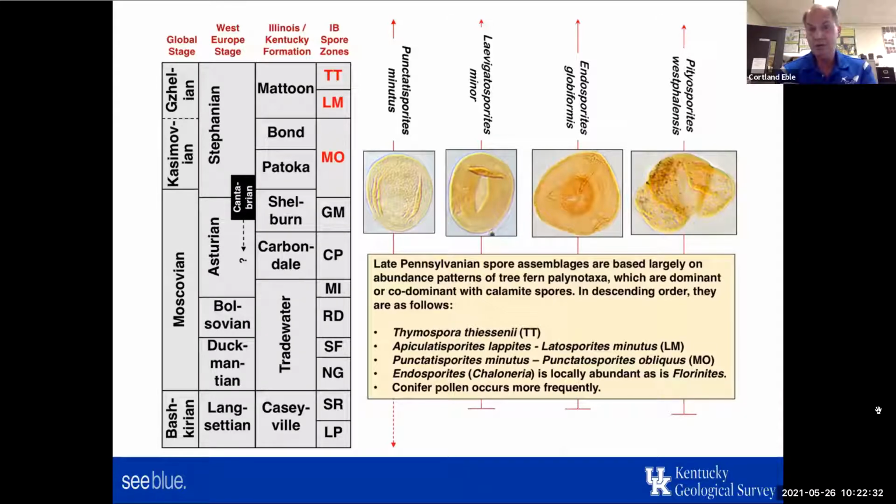Endosporites globiformis becomes very important in certain beds. I know the Mason bed was, which underlies the Brush Creek coal in the Appalachians. It's especially prominent in that coal. And then we do see an increased influence of conifer pollen, and I've shown that here with Potonieisporites. Next slide.